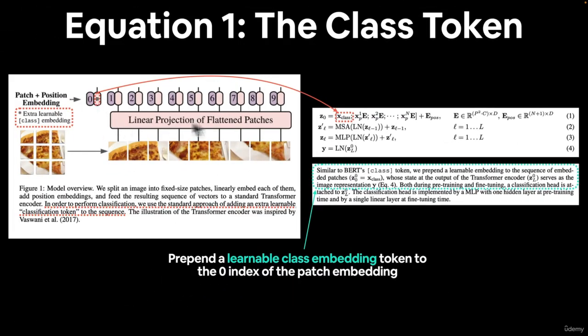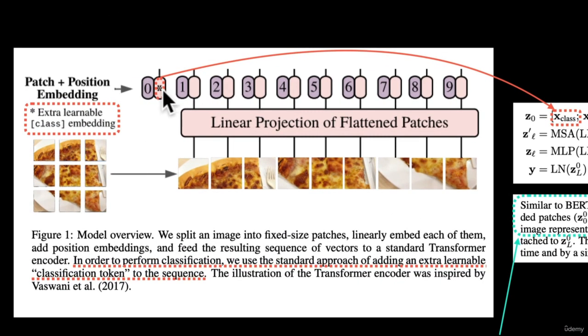So over here, this is our linear projection of flattened patches, or in our case, we have 196 of them, but then we just added this learnable class token to the front. We prepended it, so now it's N, number of patches plus 1.